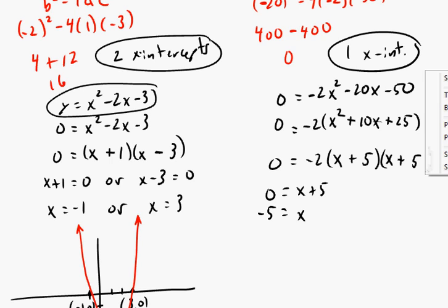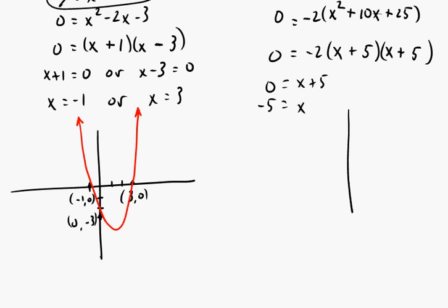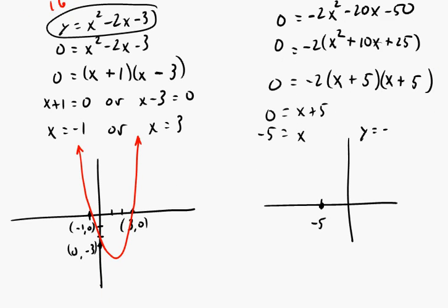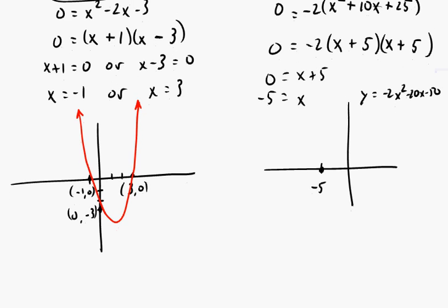So, in order to sketch the graph, we know that the x-intercept is at -5. We should also know by looking at our equation, y equals -2x squared minus 20x minus 50, that the parabola will open downward.